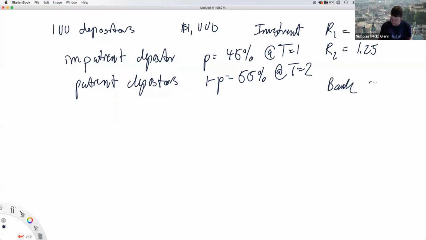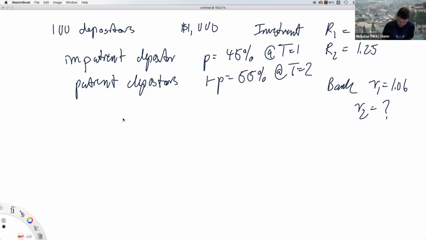Well, the bank is going to offer 1.06 if they withdraw early. What we need to find is what they will pay out to depositors that are patient, that withdraw it in the second time period.